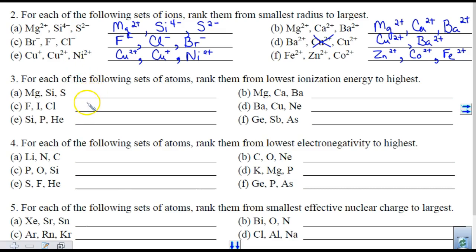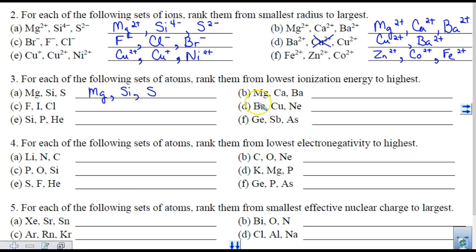The trend for ionization energy is that it increases as you go across, which corresponds to the increase in effective nuclear charge. Sulfur is the one that is farthest to the right, so it has the highest energy. Magnesium is the one that's farthest to the left. So magnesium is smallest, silicon in the middle, sulfur the largest.